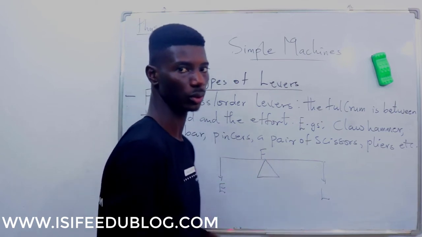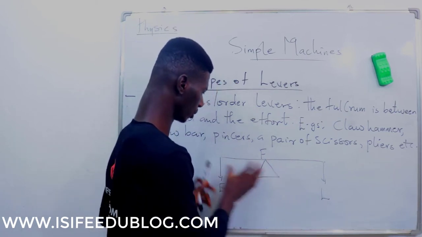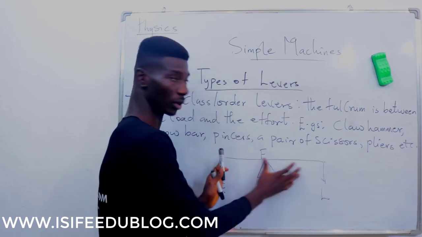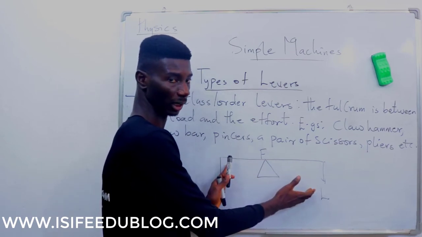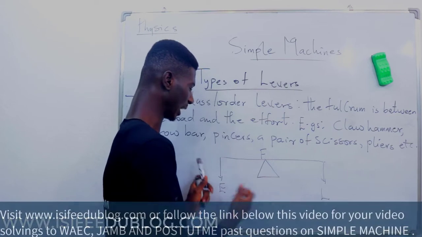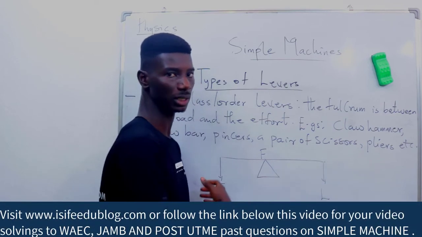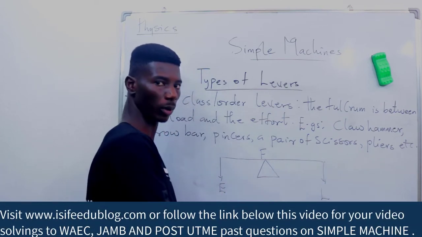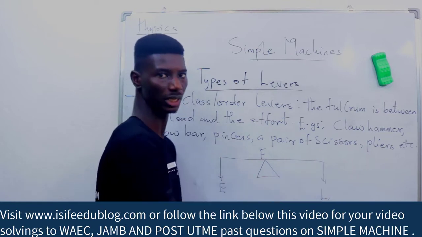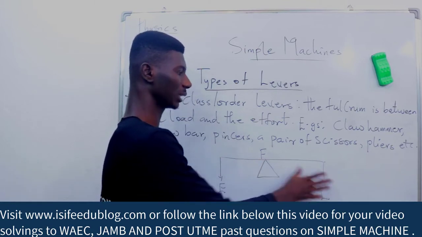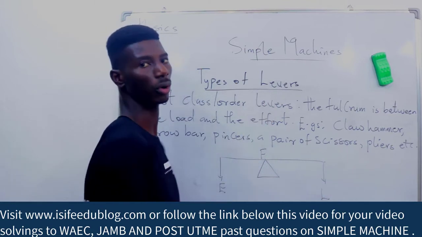A fulcrum is also called a pivot. Without the load it is in equilibrium, but once a load is on it, it will fall to one side. So you need an effort to lift that particular load. Any type of that design is what you call a lever.